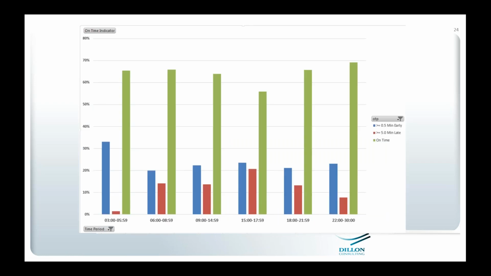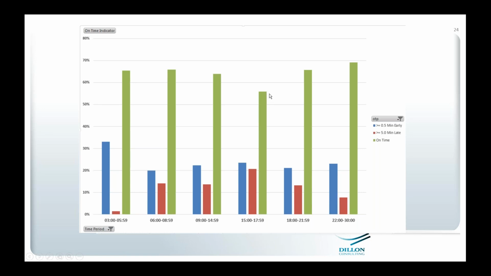Then we also looked at the on-time performance using those categories: anything between 0 and 5 minutes late is considered on time, more than 5 minutes late is late, and anything early is early. We broke it down by time period: early morning, AM peak, midday, PM peak, early evening, and late night. The green is the percentage of buses that were on time. It's fairly consistent, and this is what I've seen in a lot of transit systems.